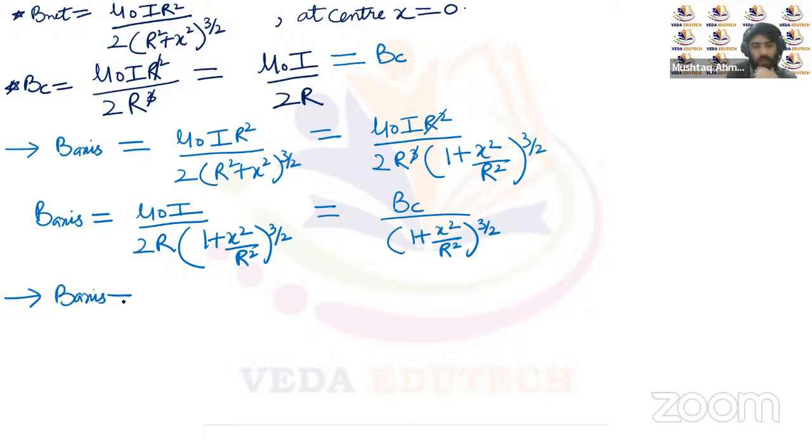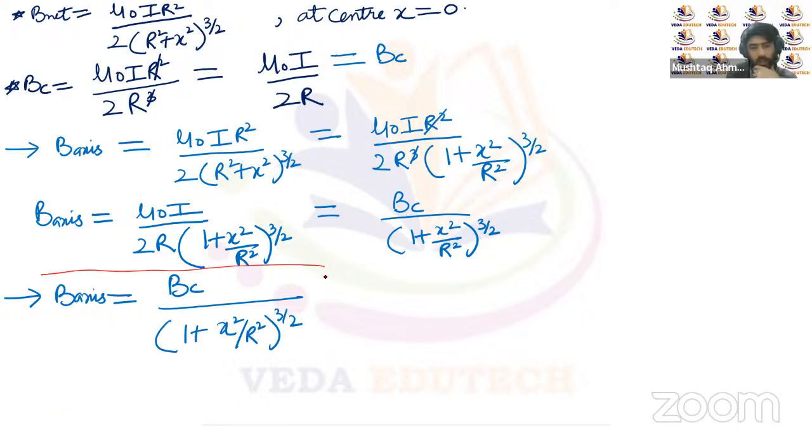So magnetic field at axis will be magnetic field at center upon 1 plus x square upon r square to the power 3 by 2. So we can write it like this also.